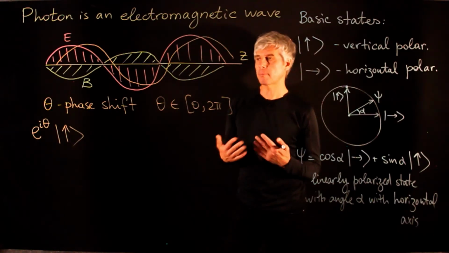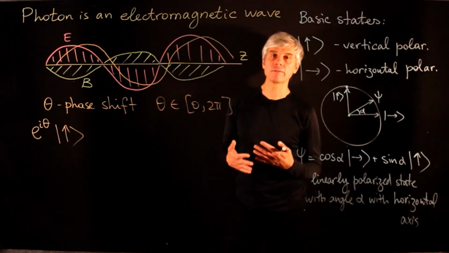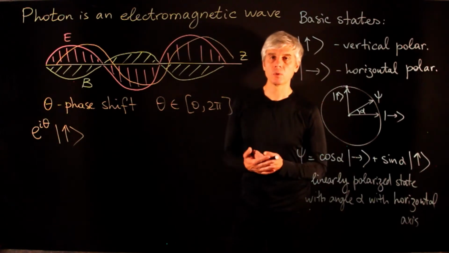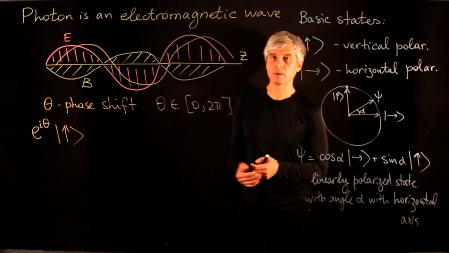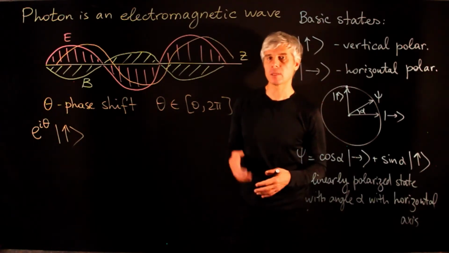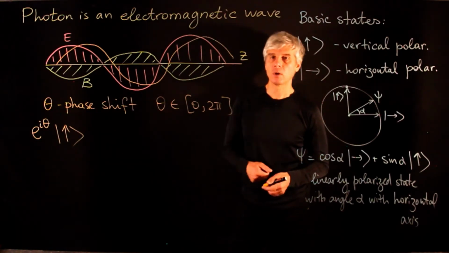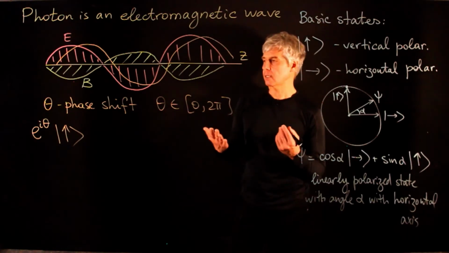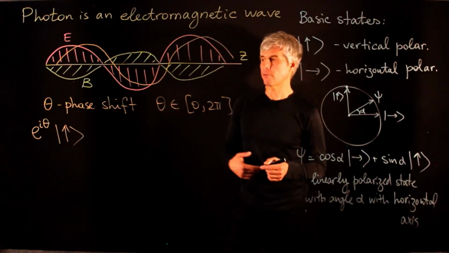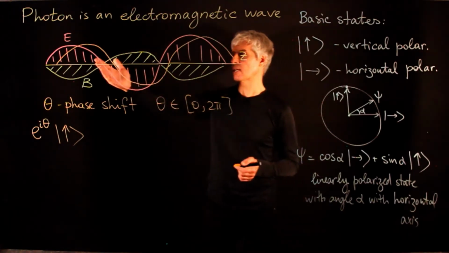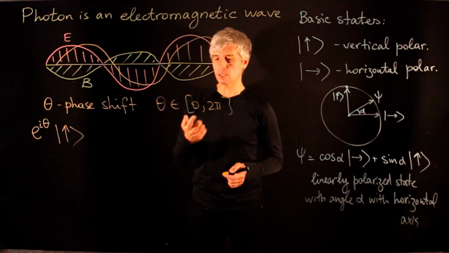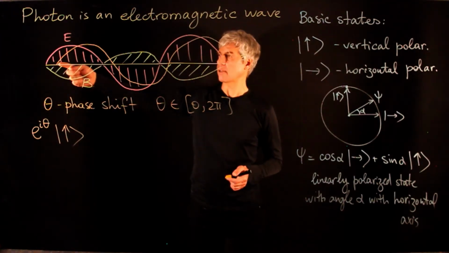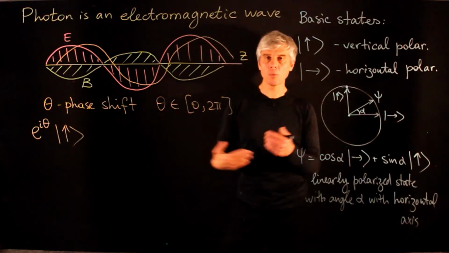This is based on the phenomenon of interference. When you add two waves that have a phase shift, then by looking at the amplitude of the resulting signal, you can obtain information about the phase shift. The extreme case is when the phase shift is equal to pi, then these two waves will be in opposite phase.